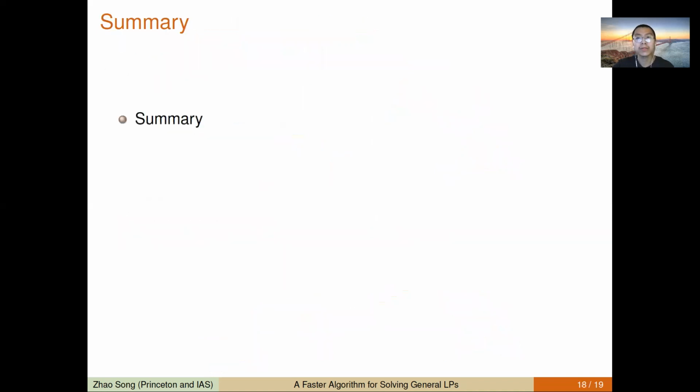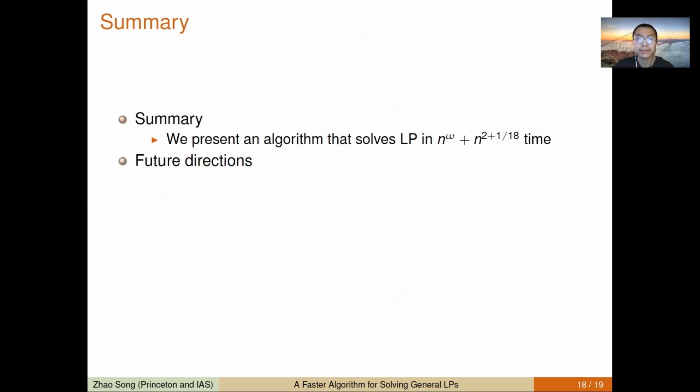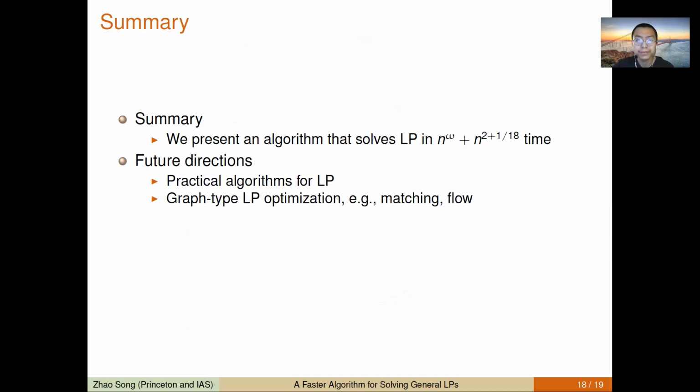Now let me give you some summary. In today's talk, we presented an algorithm that solves LP in n^ω time plus n^{2+1/18}. There are many interesting future directions. For example, can we apply our ideas in practice to get some practical algorithm for LP?